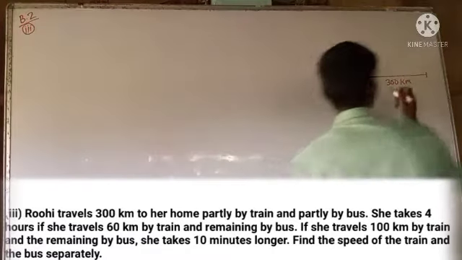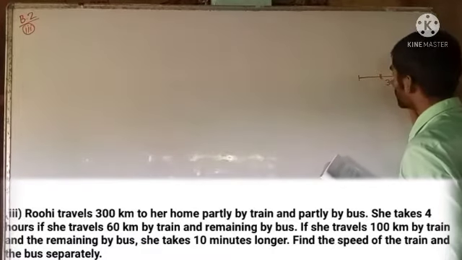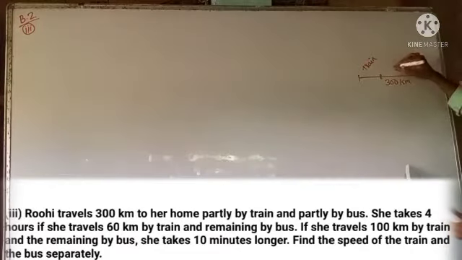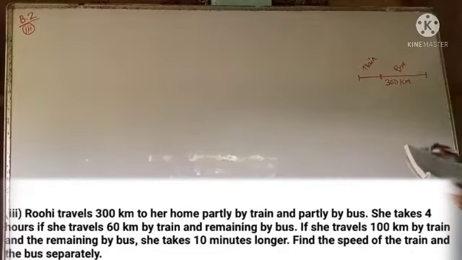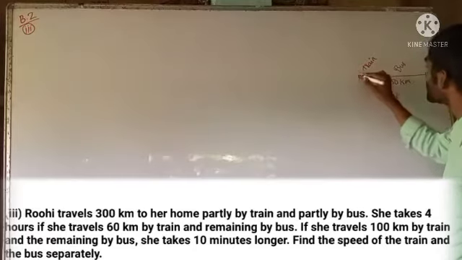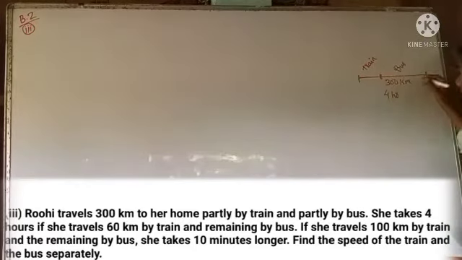So let us take here that this much part she is traveling by train and the other by bus. Now here it is said she takes 4 hours to complete that journey.